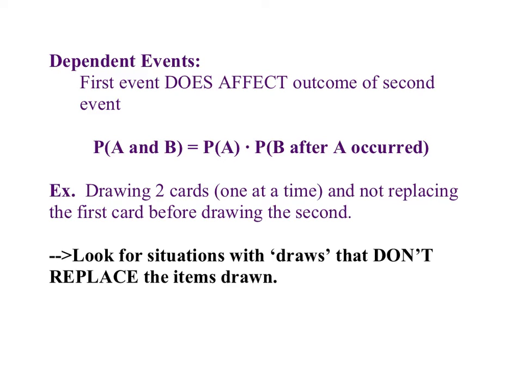If you draw a card, you now have 51 cards total in the deck when you're making your second draw. If you keep making a draw and holding out cards, your total keeps going down each time, and that's what is happening when you're setting up your probability: your denominator or your total changes. So your events are dependent on one another.